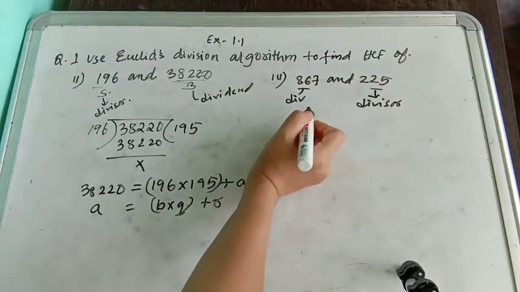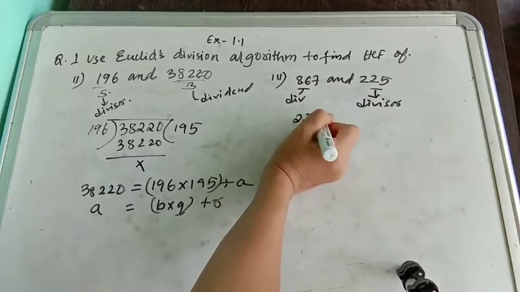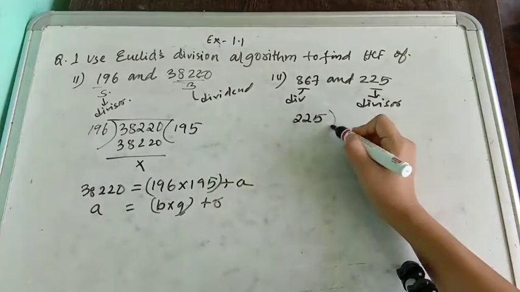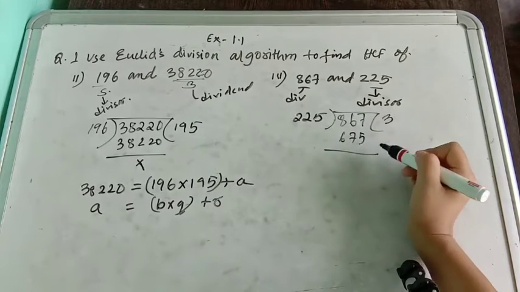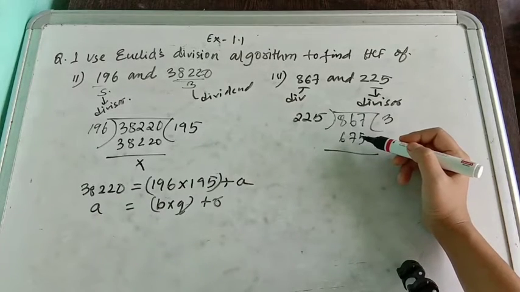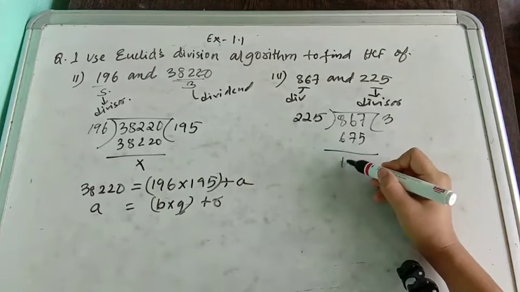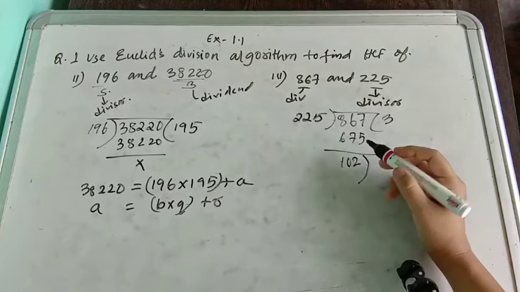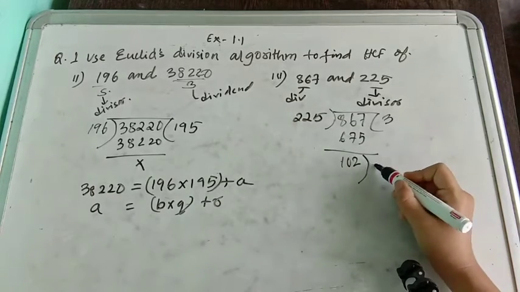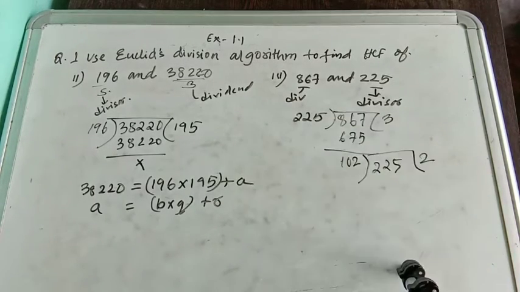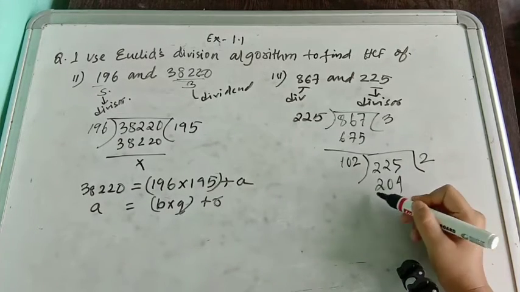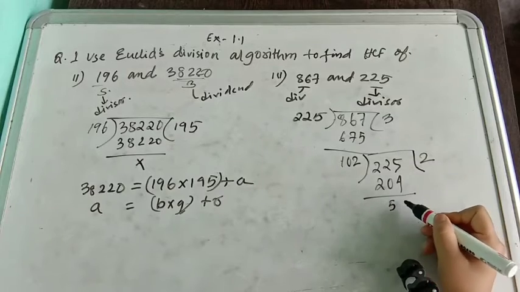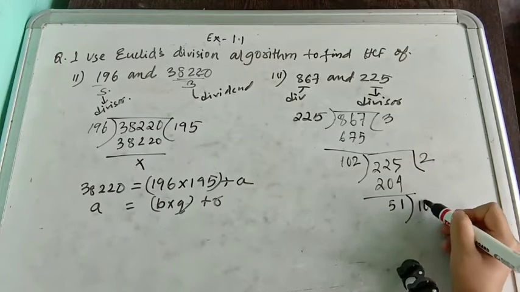So 225 will divide 867. 225 into 3 gives 675, and when you subtract it, the answer comes as 102. So now 102 will be the divisor and 225 will be the dividend. So 102 into 2 gives 204, and when you subtract 204 from 225, you get the answer as 51.